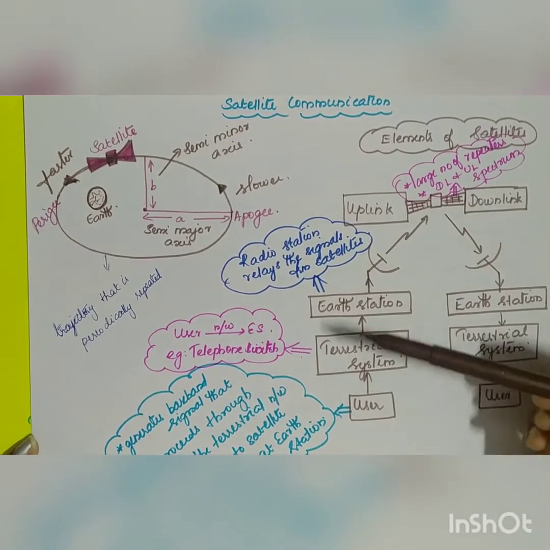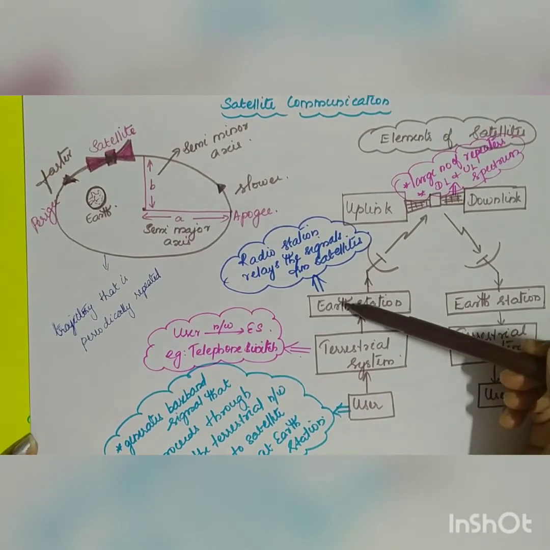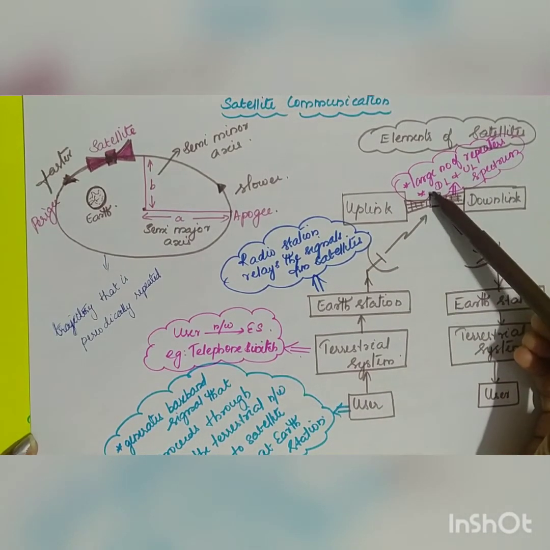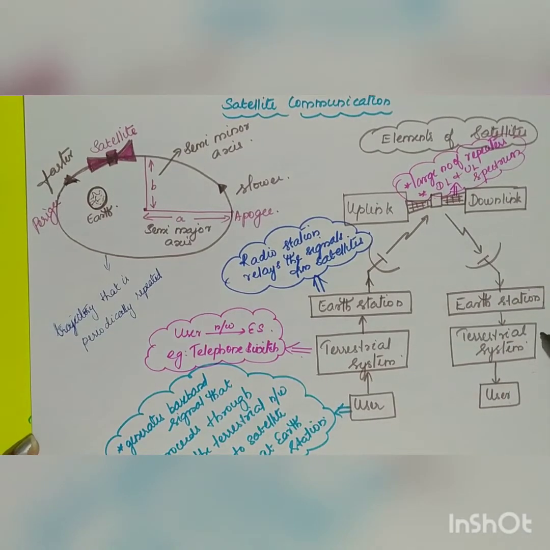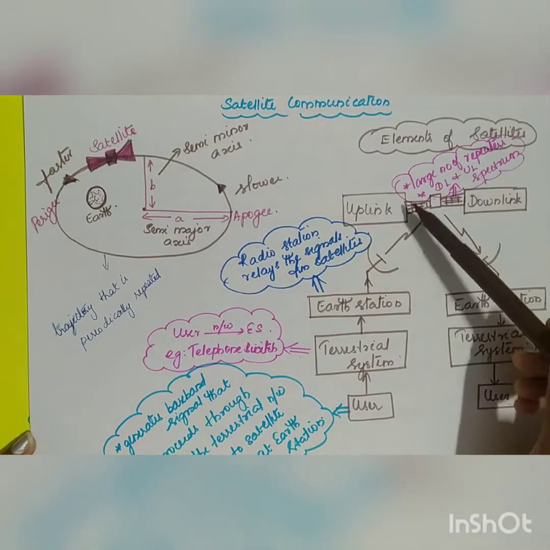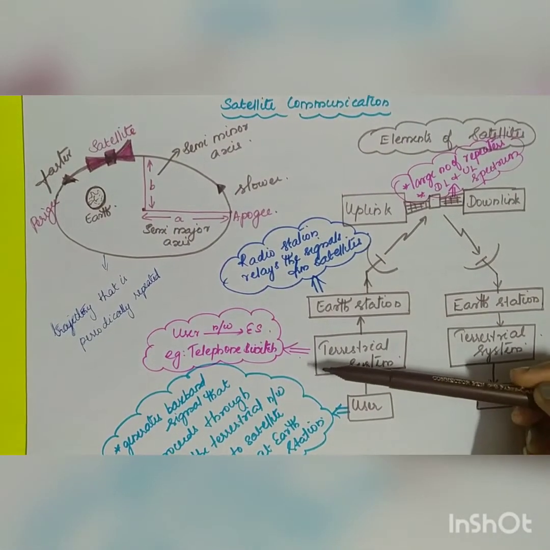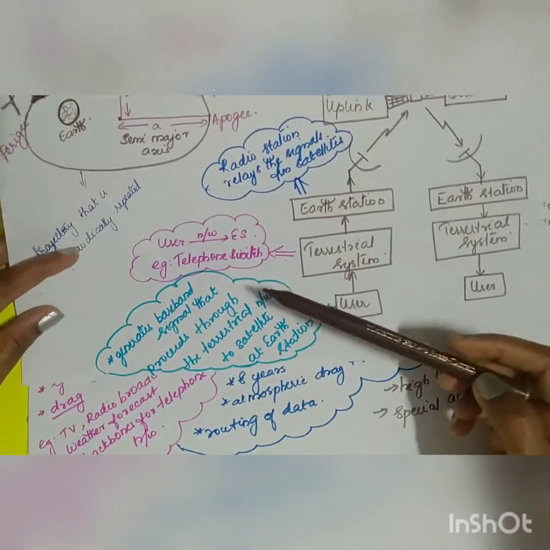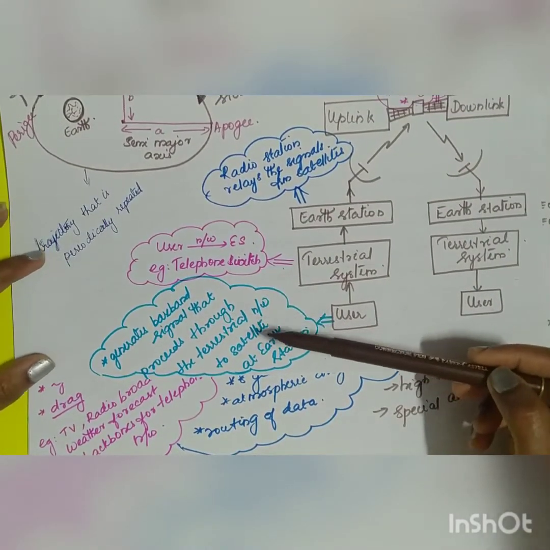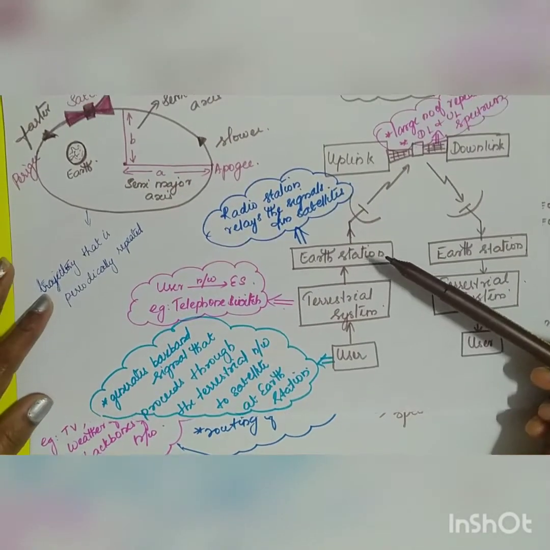So here what is happening? The signal is transmitted from one Earth station to the satellite, and through the satellite you are getting it on the receiver side. So the channel link is nothing but your satellite in this case. What does the user consist of? The user generates the baseband signal that proceeds through the terrestrial network to the satellite at the Earth station.